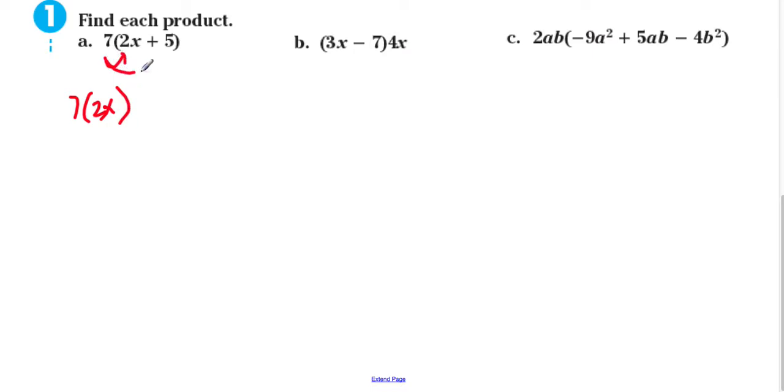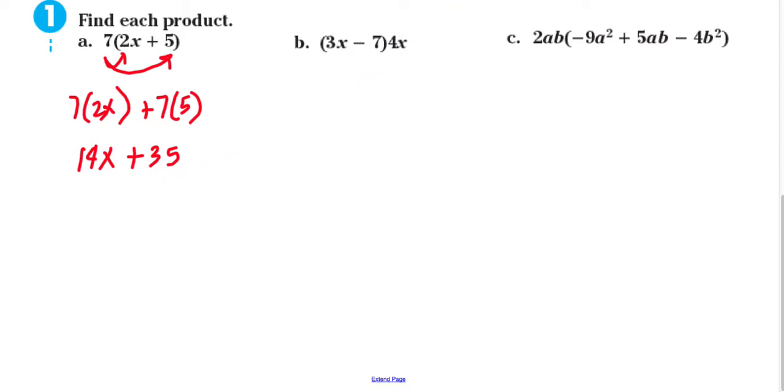And then we distribute 7 to 5, plus 7 times 5. Simplifying what we have there, 7 times 2x will give us 14x. 7 times 5 is 35. The product of 7 times 2x plus 5 will be 14x plus 35.